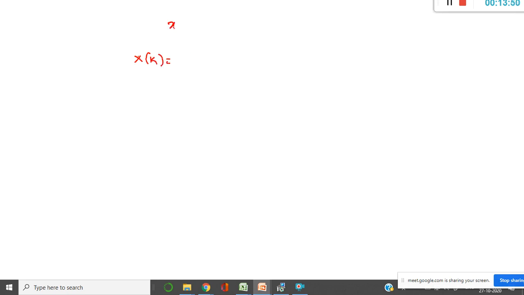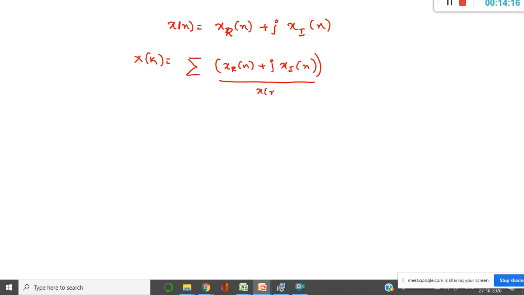Now look at this: x of k. Let me assume that x of n is complex valued. What does it mean? It consists of a real value and an imaginary value: xr of n plus j times xi of n. This is what x of n is, and it is multiplied with wn to the power of kn, where small n ranges from 0 to n minus 1.